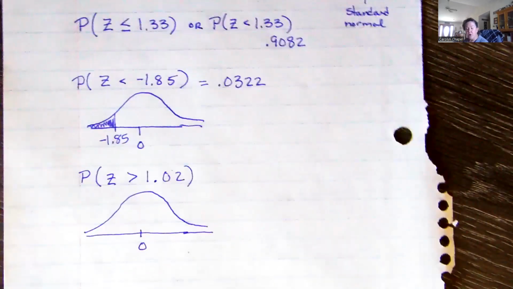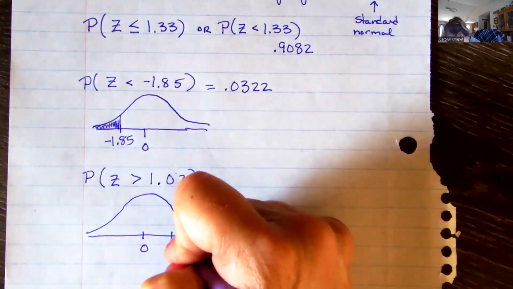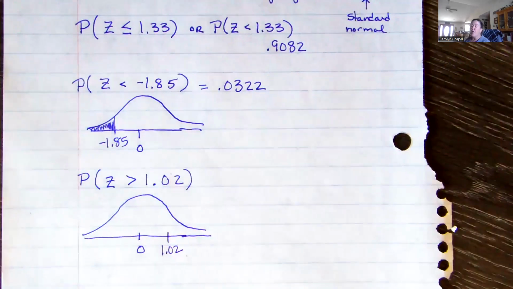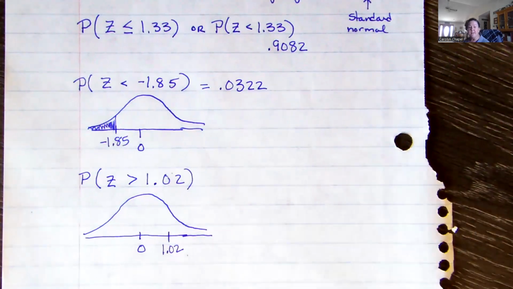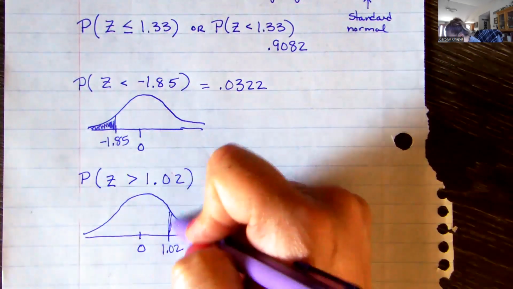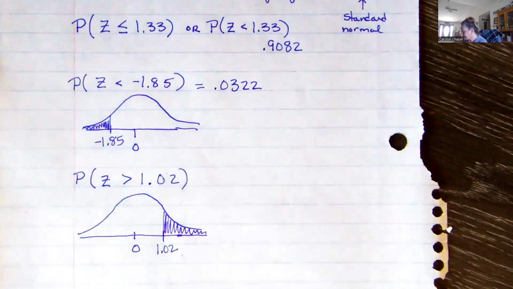Again, I always like to draw pictures to help me visualize it. 1.02 is over here somewhere. My pictures are never to scale; they're just there for reference. I put the 0 there as the middle, positive numbers to the right, negative numbers to the left. And then I want to go above, so I'm going to go this direction.